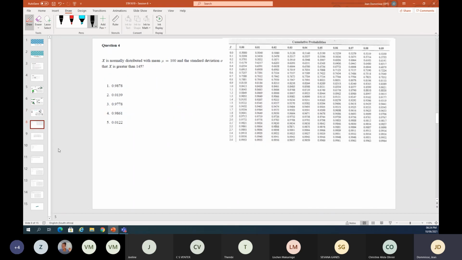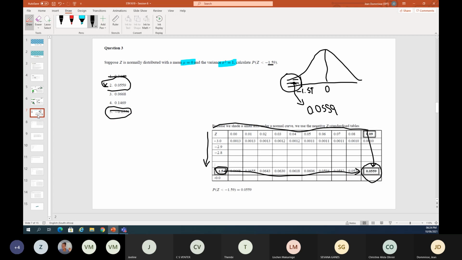Sorry, Jean. How did we get the 0.09? How did we know that we must use the 0.09? Because you're saying there that we must go vertically down the graph to get that minus 1.5. Okay, cool.